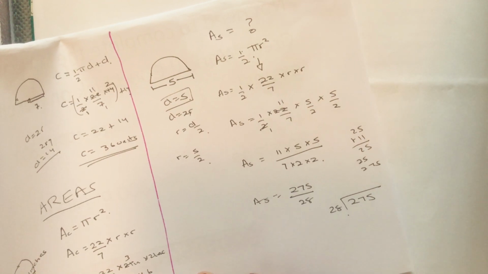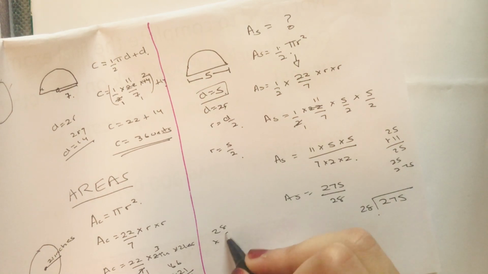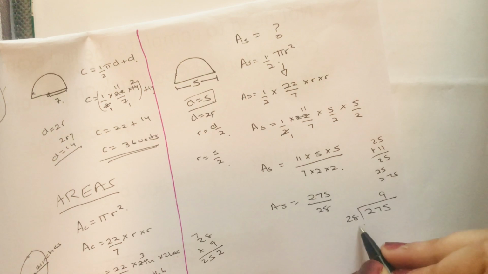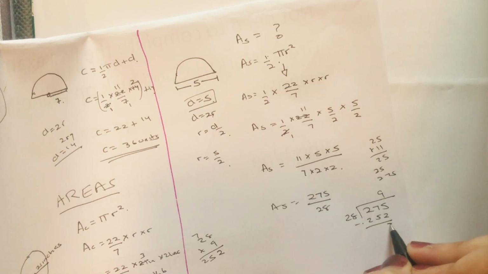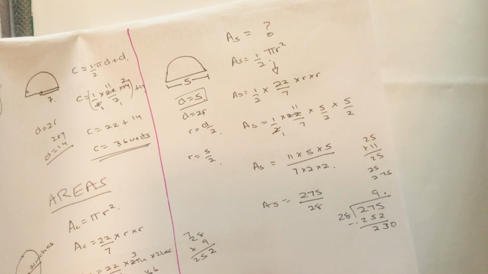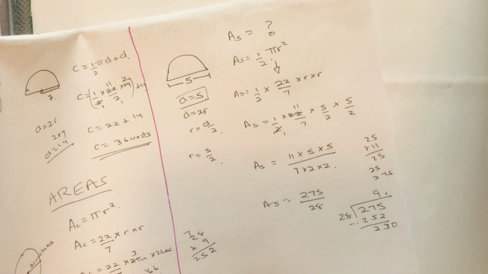So now you have, let's see, 28 times 9 would be 252, and then you'll get a number that is greater than 5 for sure.